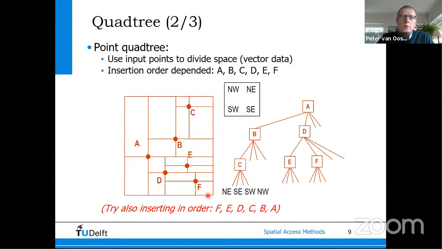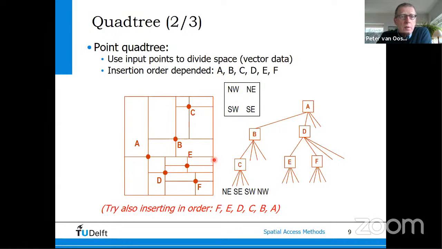Now if we look at two other types of quadtree, first the point quadtree, and I have 6 points, A, B, C, D, E, and F, and I insert them in this order. First A, insert it over here, and A becomes the root of my tree, and it subdivides the domain into 4 parts, like a normal quadtree does.